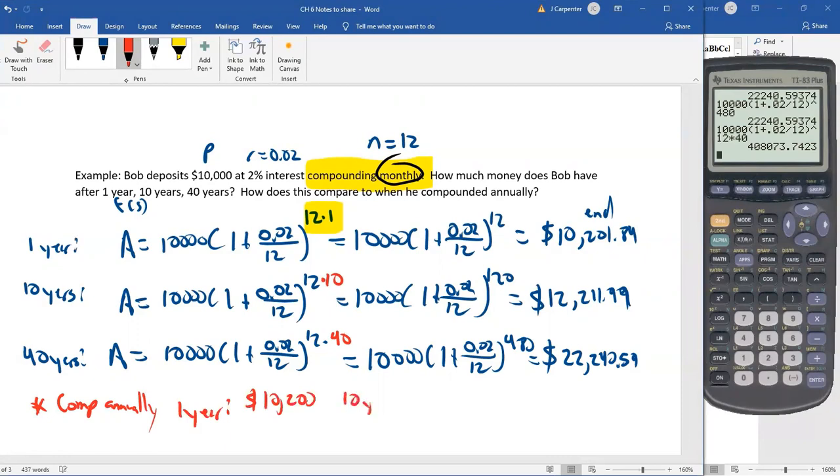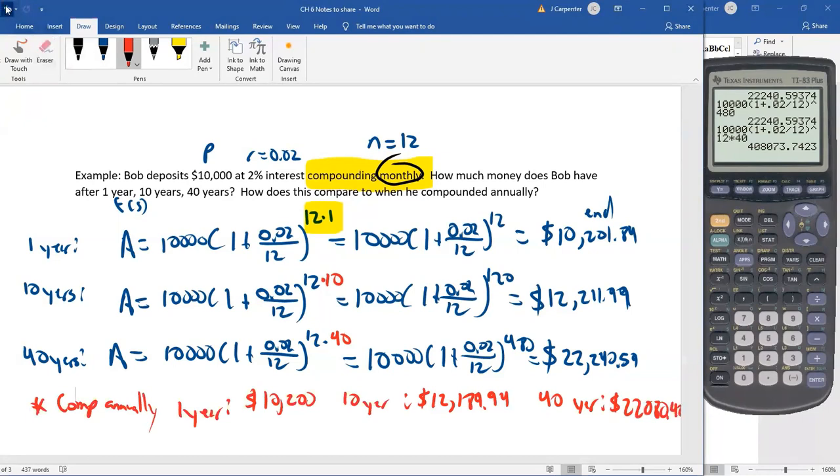The 10-year number was 12,189.94. And the 40-year number was 22,080 and 40 cents.